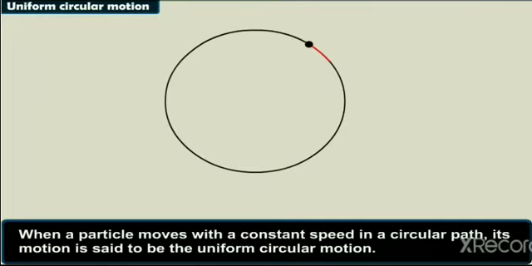C. Uniform circular motion. When a particle moves with a constant speed in a circular path, its motion is said to be uniform circular motion.